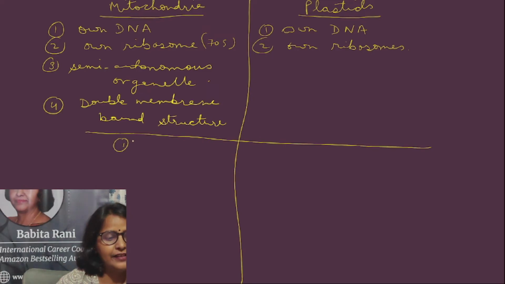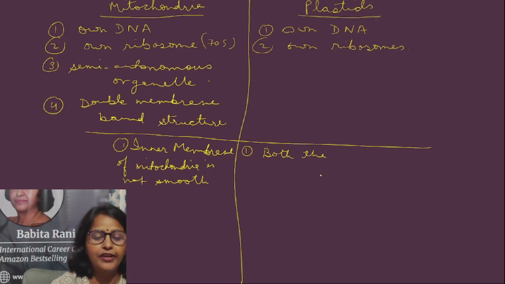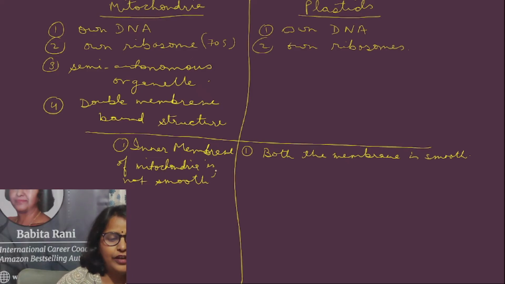So one difference is inner membrane of mitochondria is not smooth, whereas in this case both the membranes are smooth. In mitochondria, one membrane is smooth, one membrane is not smooth. Inner membrane is folded, if you remember.